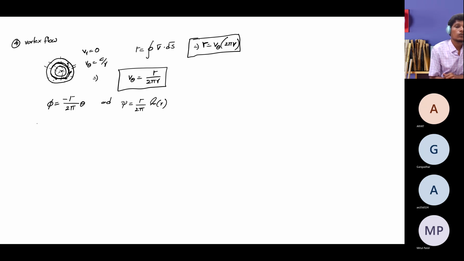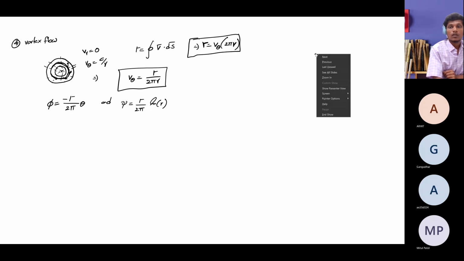So until now we saw how to calculate the pressure distribution on the circular cylinder. But what will happen if you merge this vortex flow, that is spin, with a circular cylinder? That means you are creating a spin in the flow field, in the uniform flow field, by using this vortex.